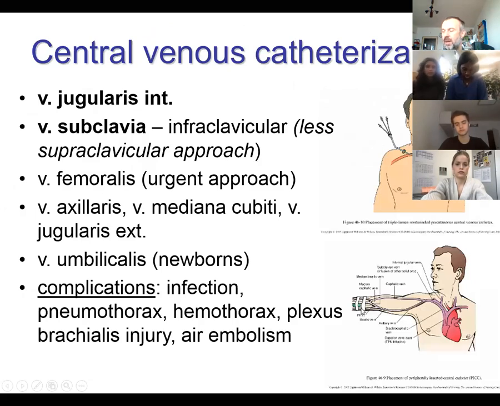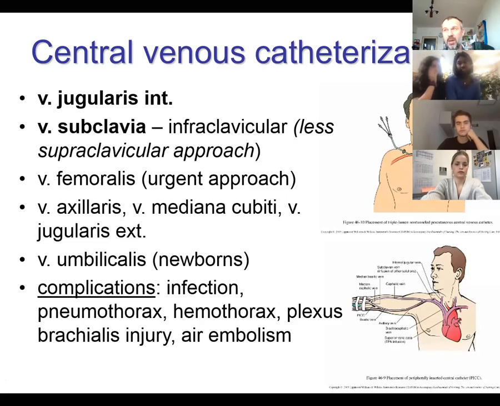Okay, another clinical point is central venous catheterization. For this, we can use the terminal segment of the internal jugular or the terminal segment of the subclavian vein. The subclavian vein we can approach above the clavicle or below the clavicle, more commonly below the clavicle.